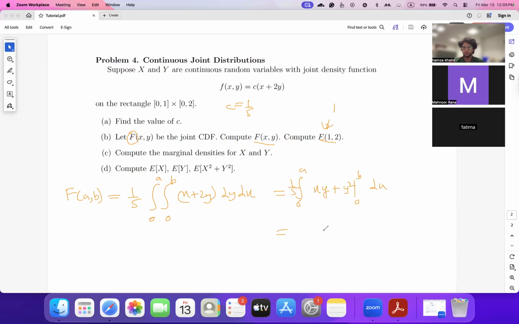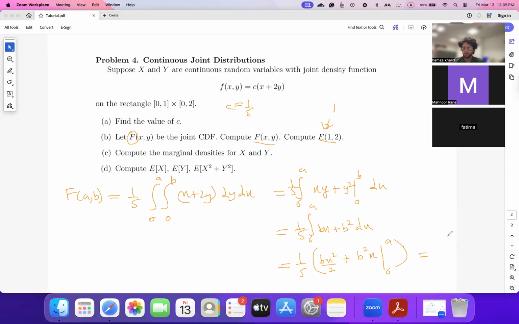So that's just bx plus b squared. And then I calculate for the a, I get x 0 to a, 1 by 5, and then dx, right? And then what do I get? b x squared by 2 plus b squared times x, and then 0 to a, and 1 by 5 here.